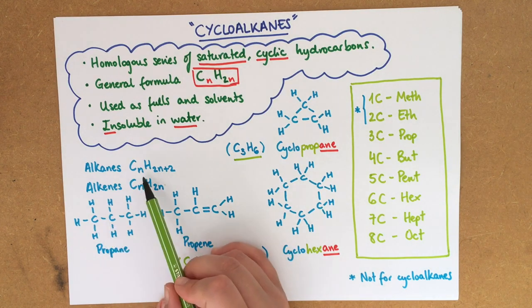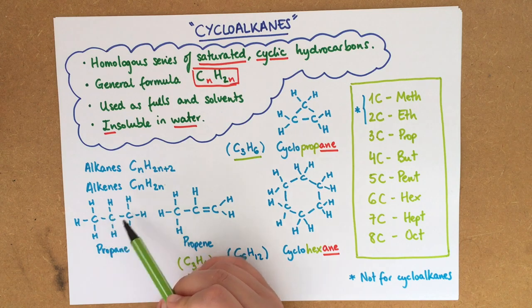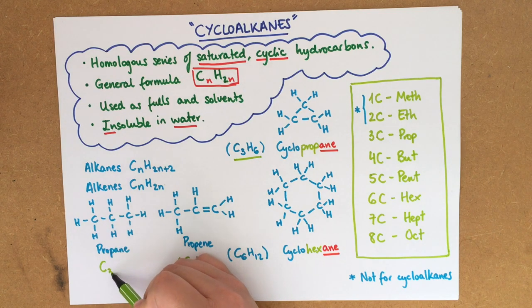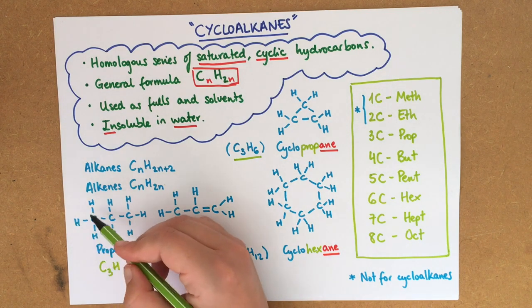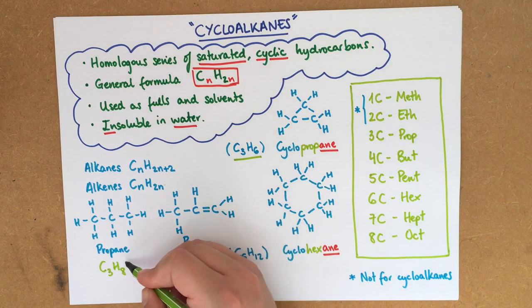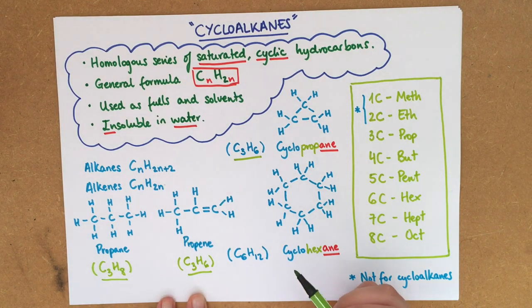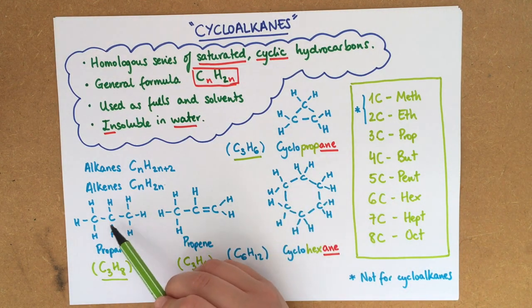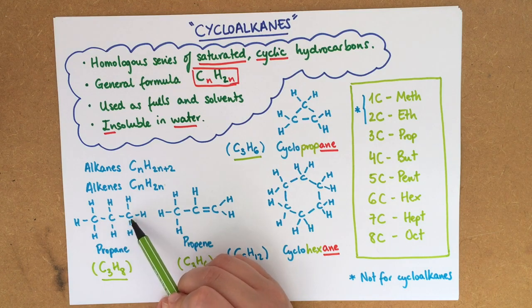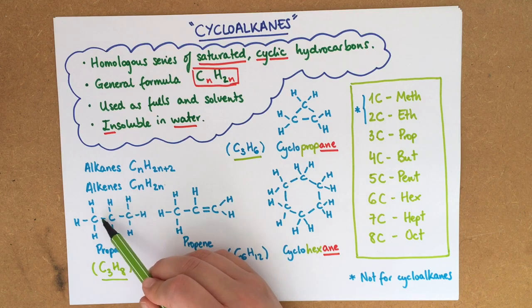However, propane, as we know, is going to be slightly different. 1, 2, 3, 1, 2, 3, 4, 5, 6, 7, 8. The reason behind that is that propane has 2 carbons in the extremes that are only linked to one other carbon.